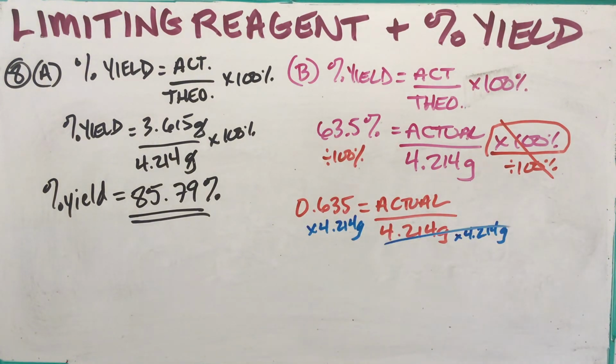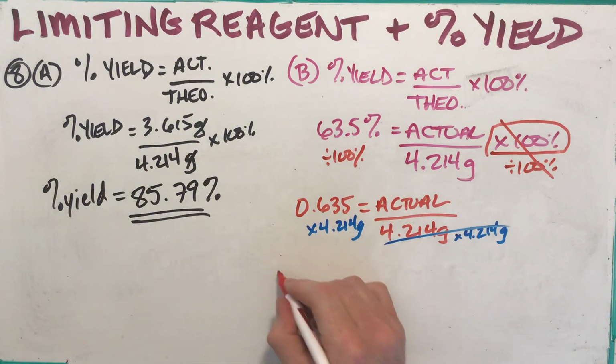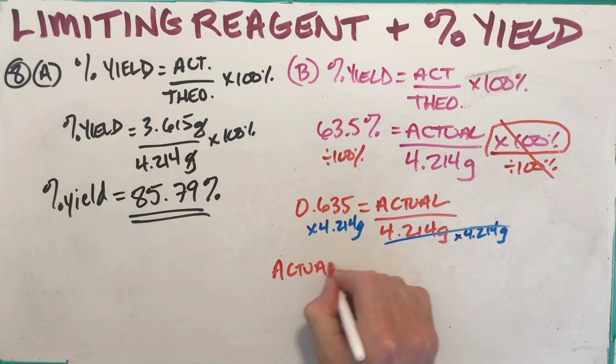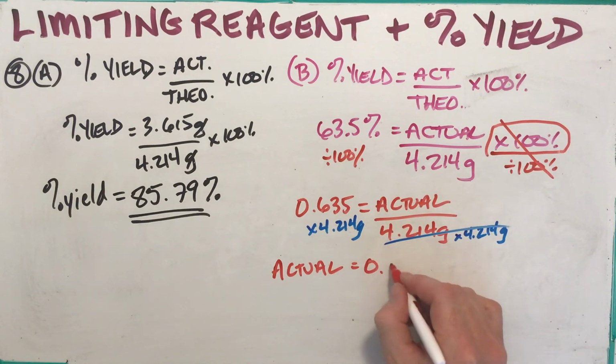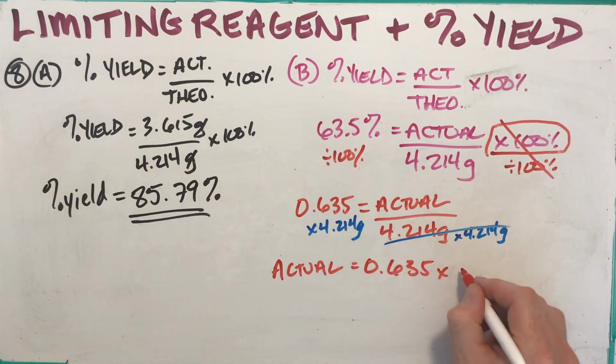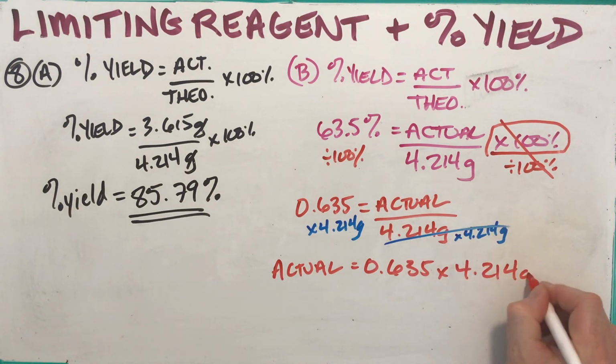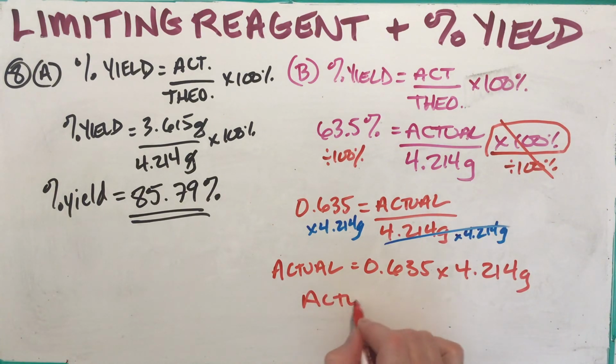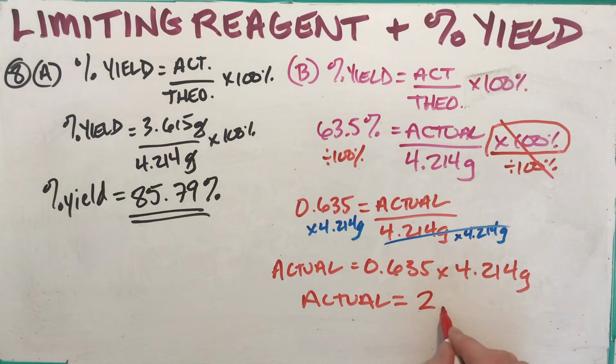These two will cancel out, and my actual will be equal to 0.635 times 4.214 grams, and my actual is equal to 2.676 grams. All right. And that's it. That's my answer.